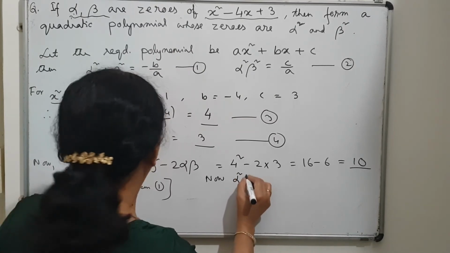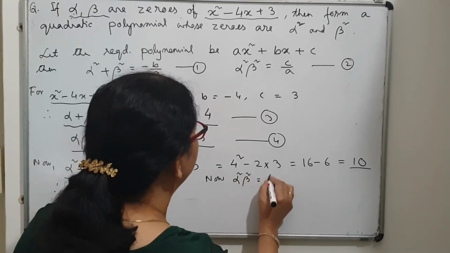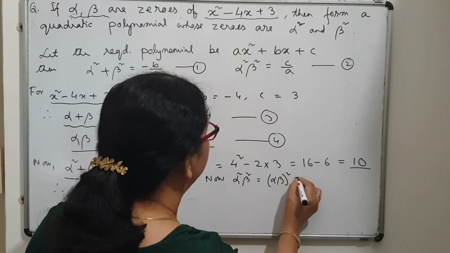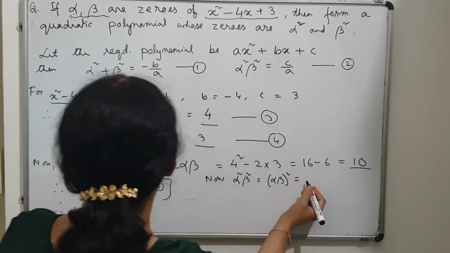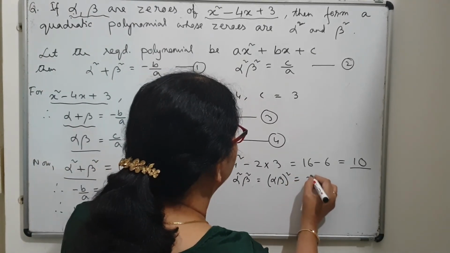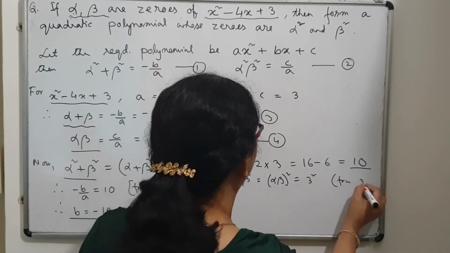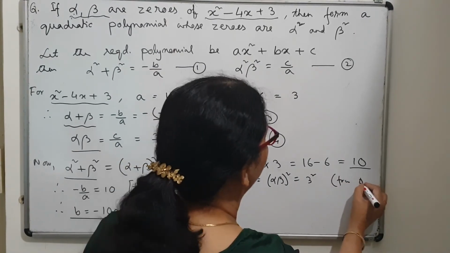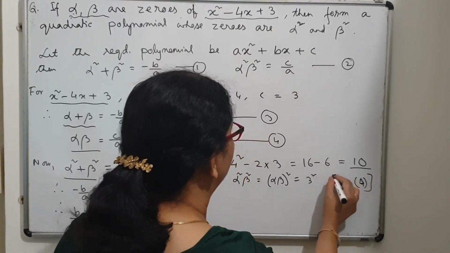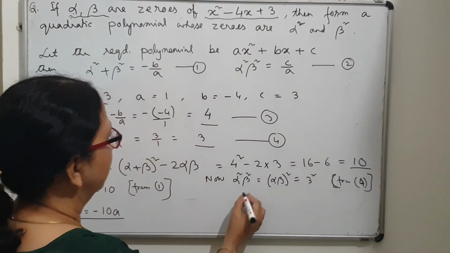Now alpha square beta square is equal to (alpha beta) whole square. That is, what is alpha beta? That is 3, from equation 4. Okay.